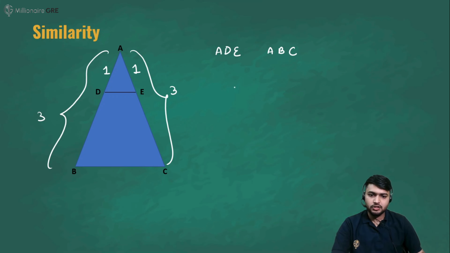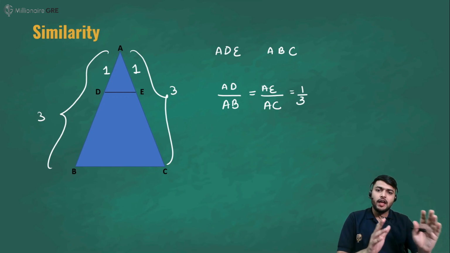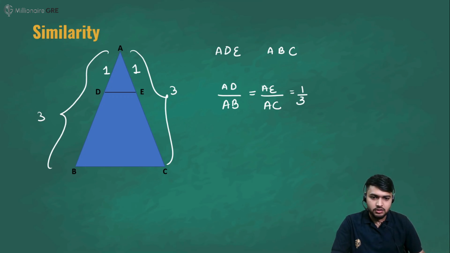Here the ratio of sides AD upon AB is the same as AE upon AC, which is equal to 1 by 3. So your two pairs of sides have the same ratio, the ratio of sides of the smaller triangle to the larger triangle.